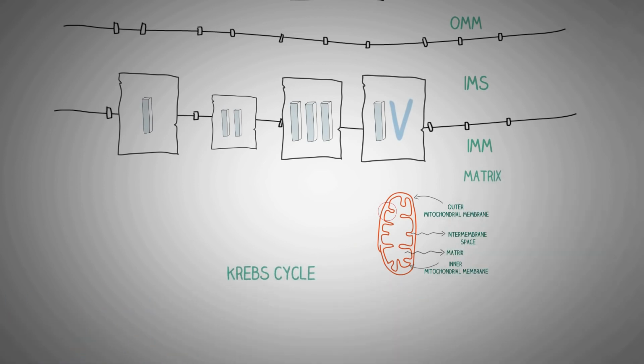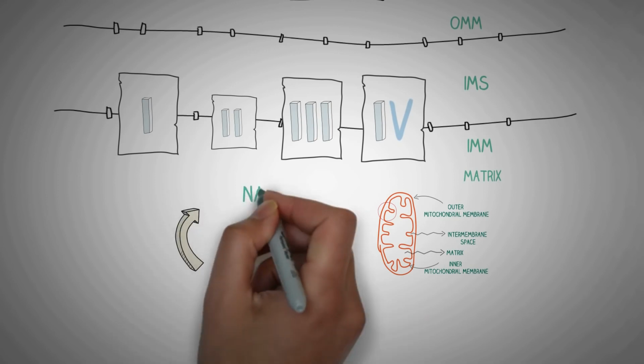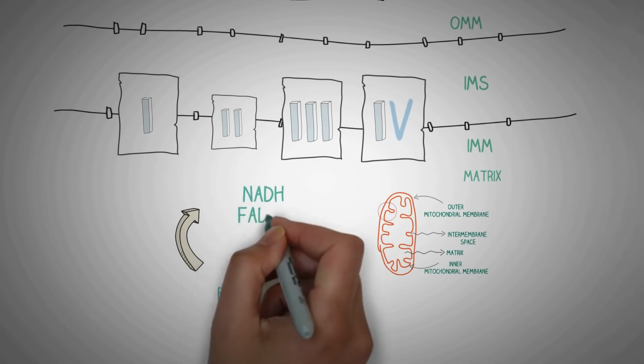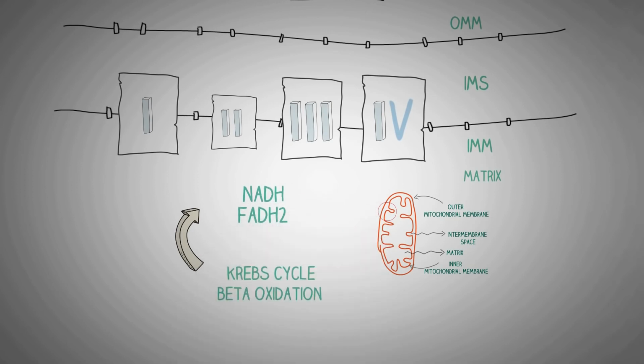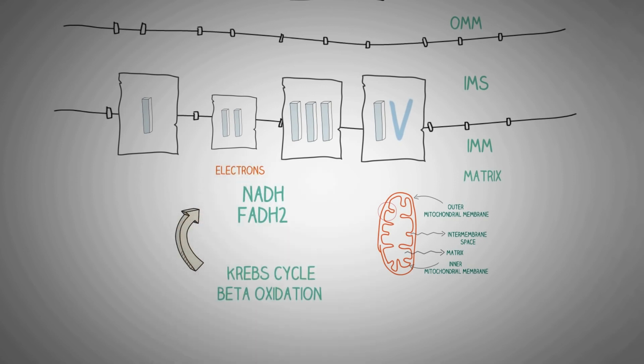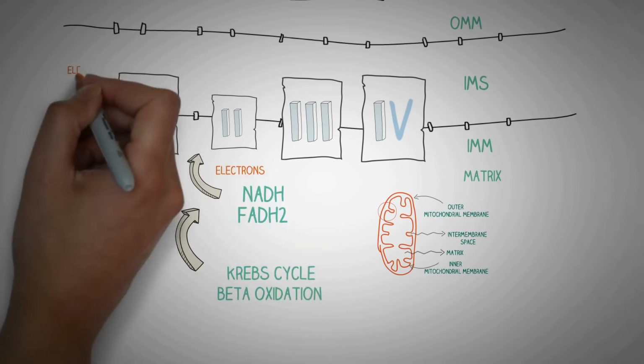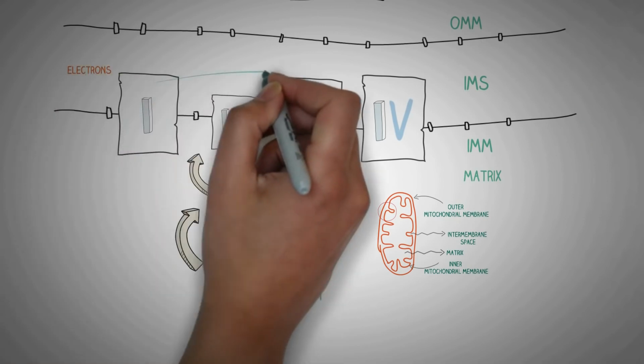If you have watched the video on these topics, you know that these cycles produce reducing equivalents called NADH and FADH2. These reducing equivalents contain electrons which are donated to this set of enzyme complexes. The electrons then travel from the first to the fourth enzyme complex, and in this movement energy is generated.